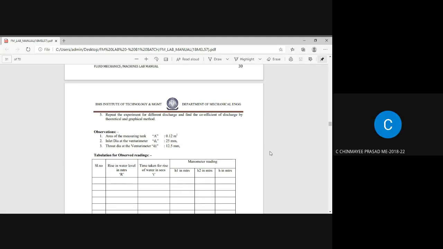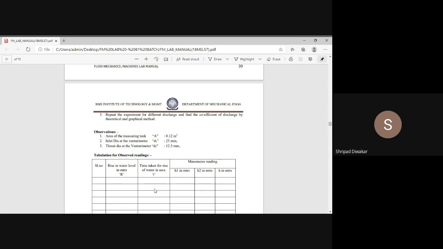So first reading is minus 1.5 and H2 is plus 1.4. H you have to take 2.9, because one is minus, one is plus. The second reading: capital R is 0.1 meter. Time is 32 seconds.